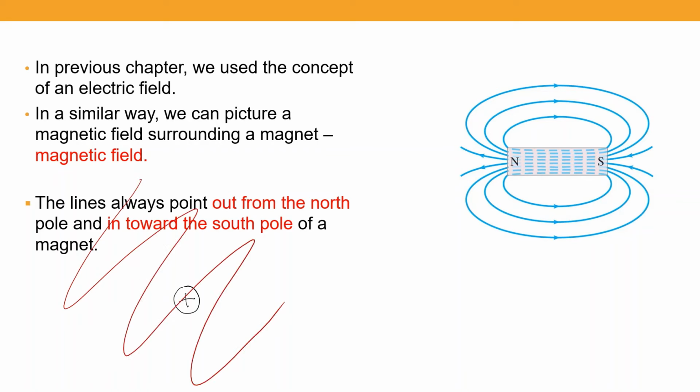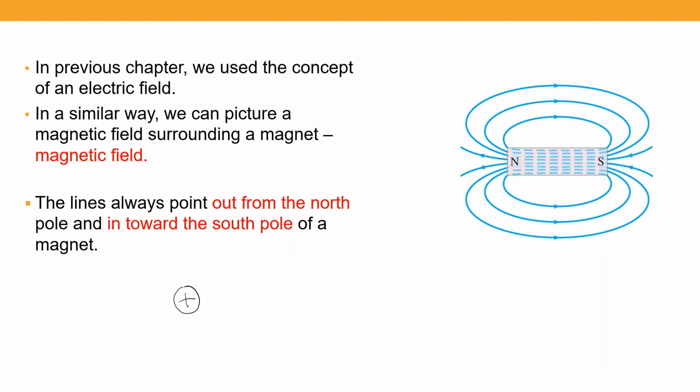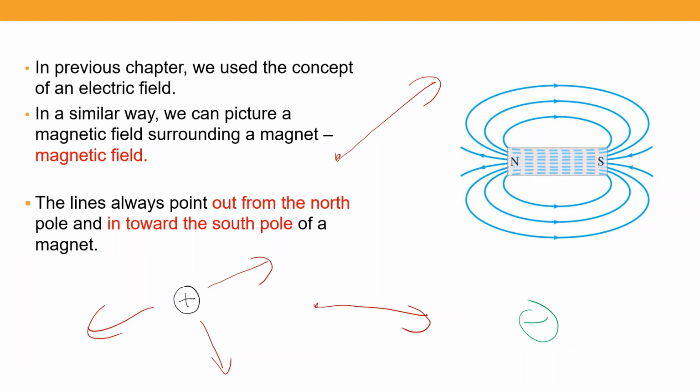And the electric field will point away from the positive charge. If the charge is negative, then it will always point towards the negative charge. For example, if it starts here, then it points here. If it starts up here, then it will still point into the negative charge.